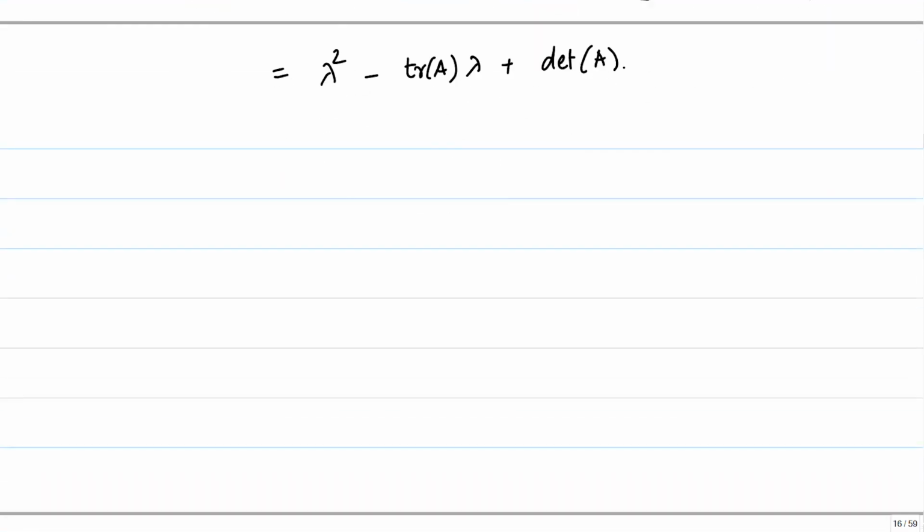Well, let's look at what happens when A is a diagonal matrix, with diagonal entries a11 up to ann. Another case which can be easily checked.